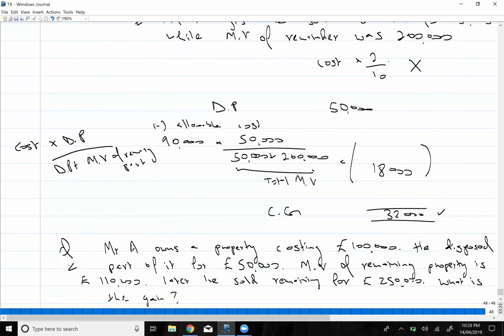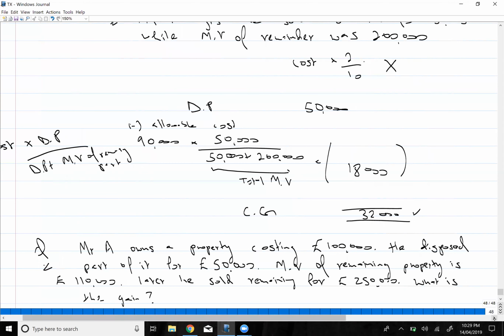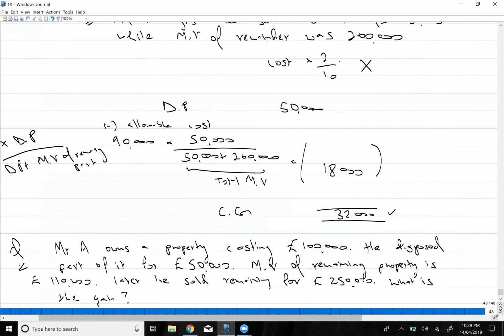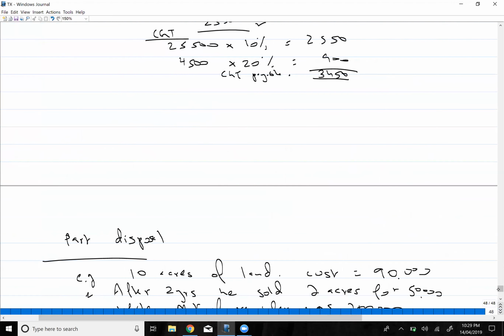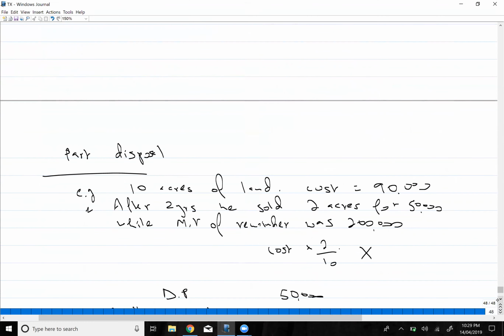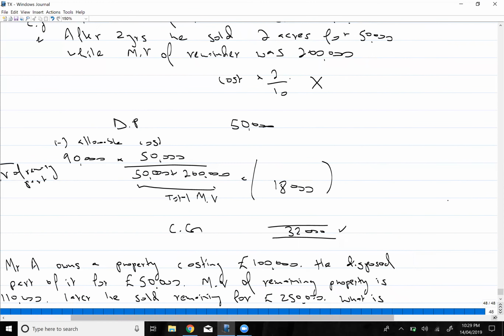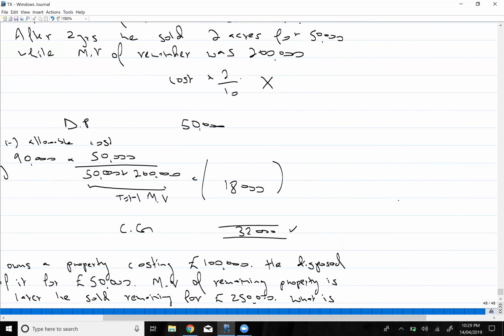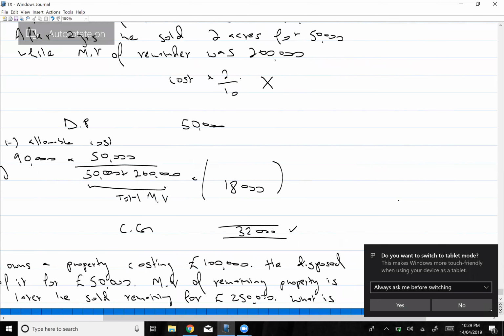Now listen very carefully. I'm just continuing with that example. We have computed the amount of chargeable gain, which is 32,000. After that, you have to compute base cost, also known as revised base cost, RBC.